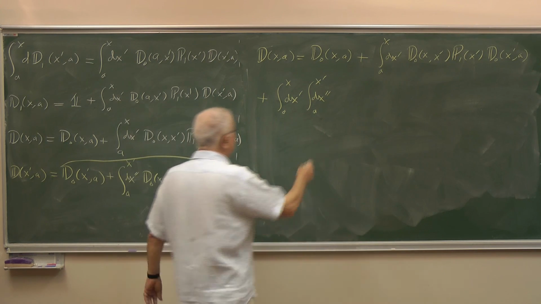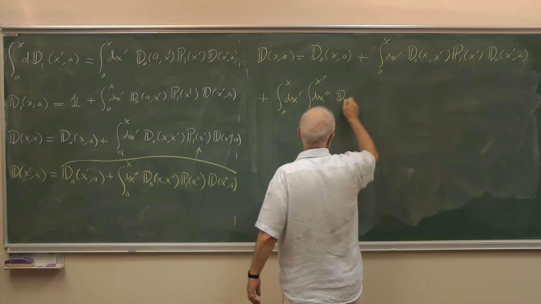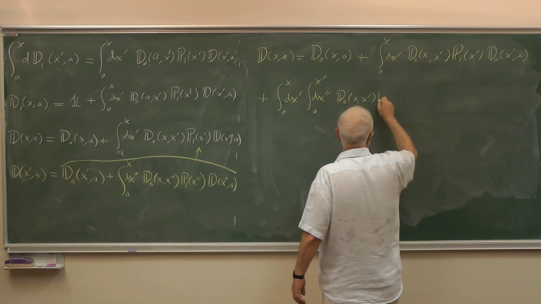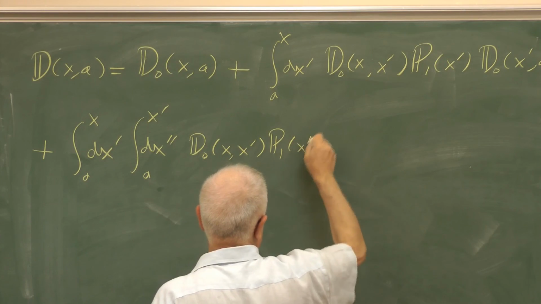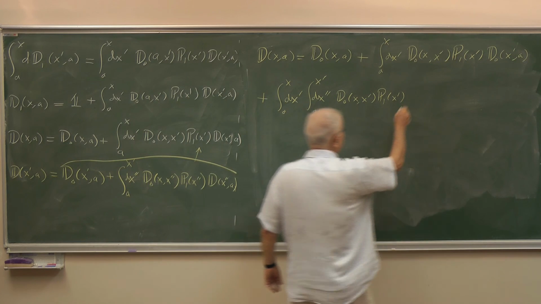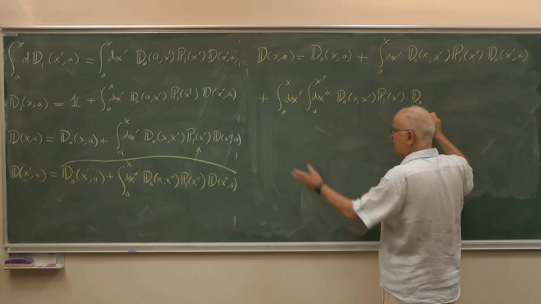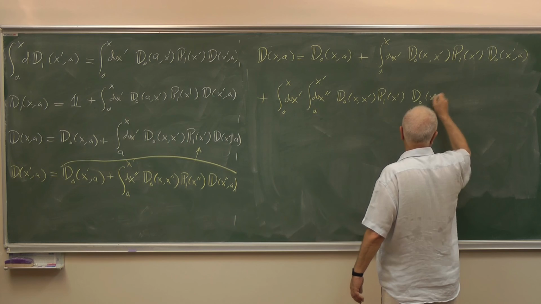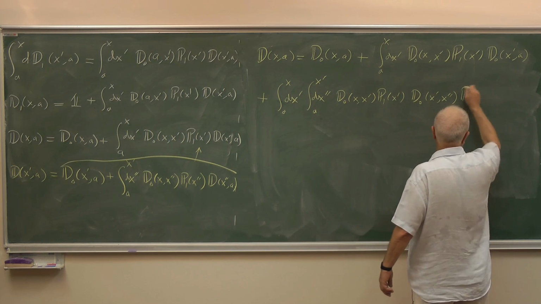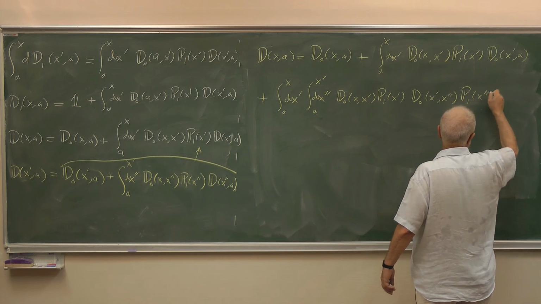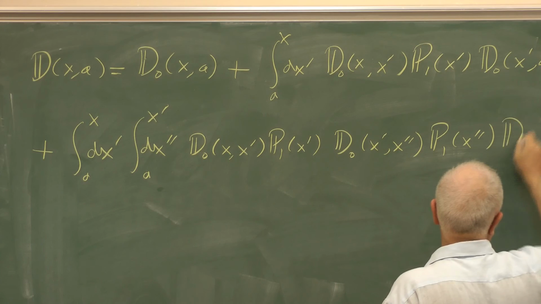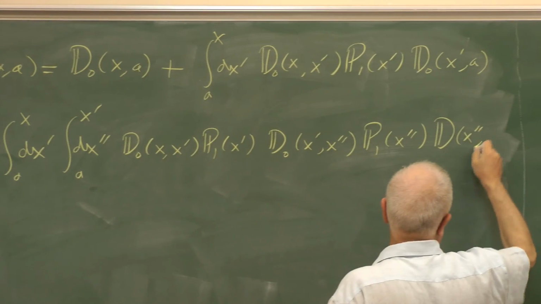Now d0 x prime, p1 x prime, then d0 x prime x double prime, p1 x double prime and d x double prime a.